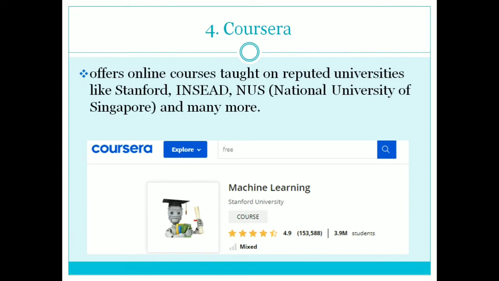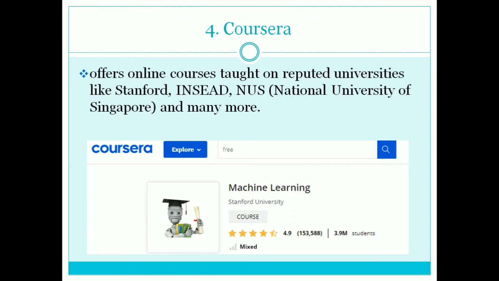Next is Coursera. Same as Udemy and edX, Coursera is also one of the platforms where there are multiple courses, free as well as paid. Some are paid courses, some are free courses. By using your Gmail account, you can log in here and enroll in different courses. These courses are offered and taught by reputed universities like Stanford, NITs or NUS.